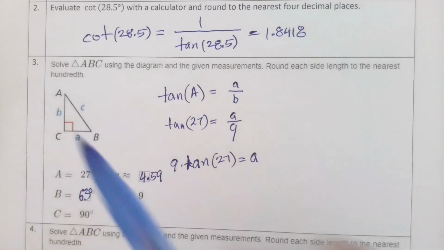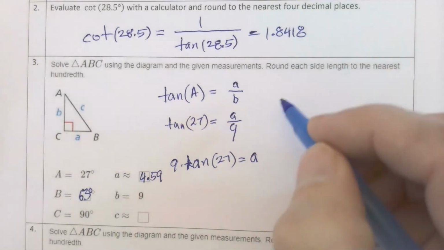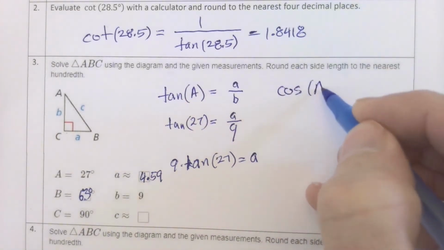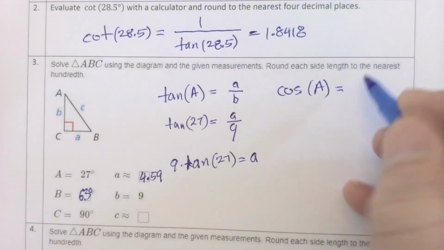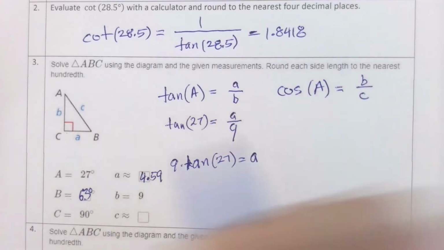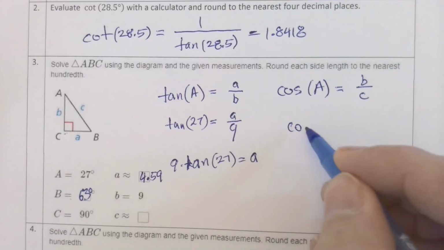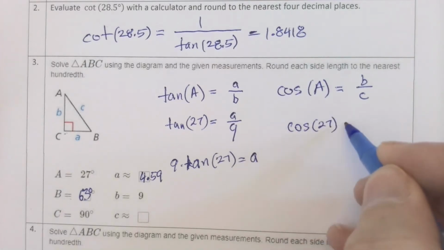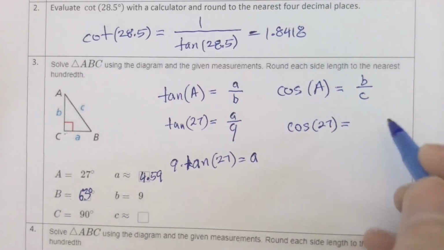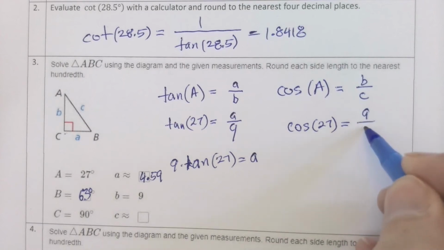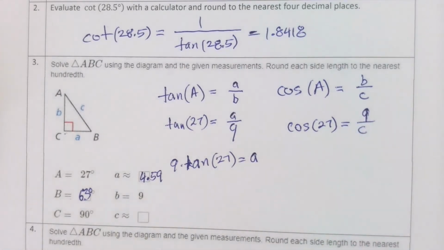Adjacent over hypotenuse is cosine. So I have cosine of angle A is dimension b over dimension c. Putting in numbers, the cosine of 27 degrees is b over the last missing dimension, c.